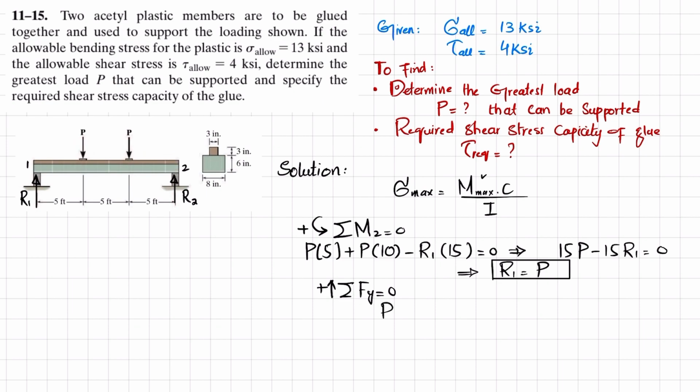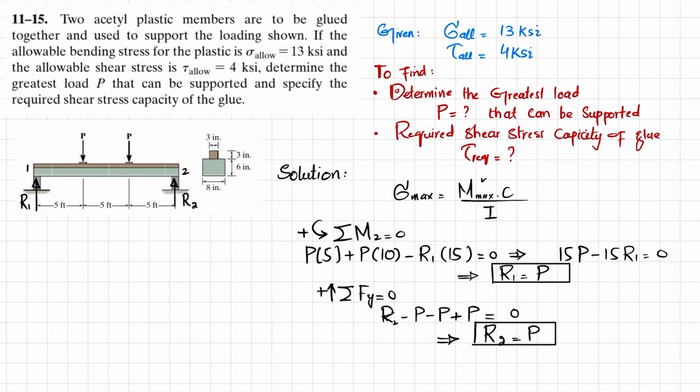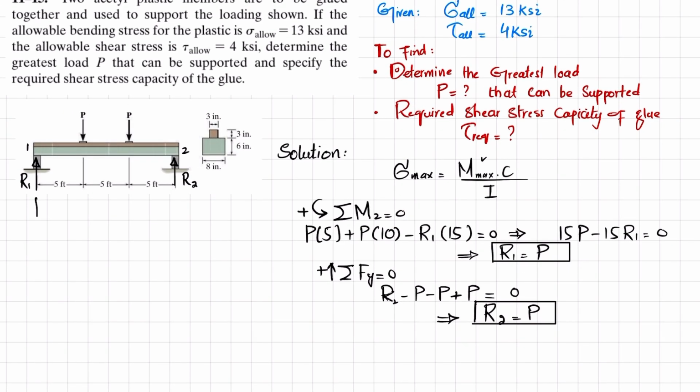Sorry, this R1 is P, so we will solve for R2. So R2 is equal to P. Now you have R1 and R2, and you can draw the shear force and bending moment diagram.